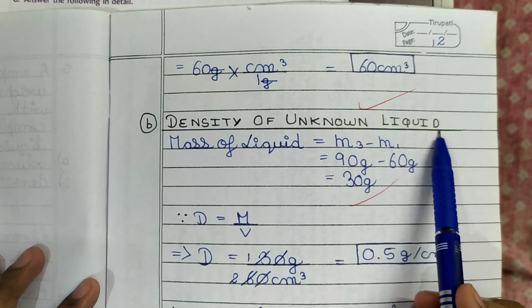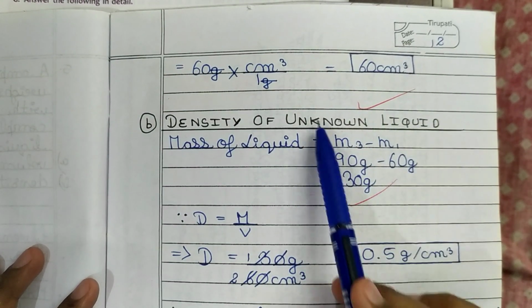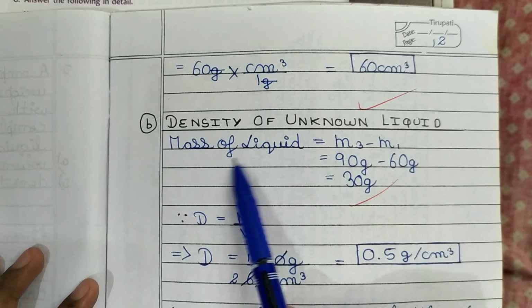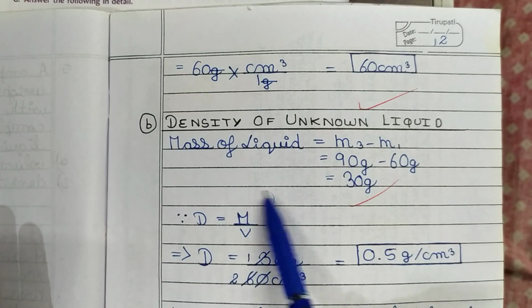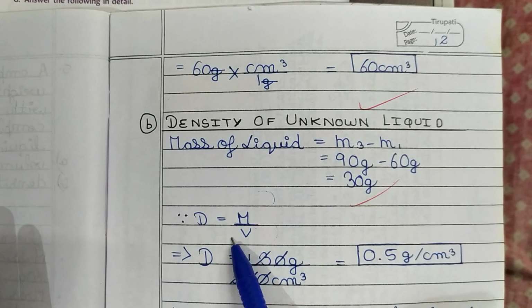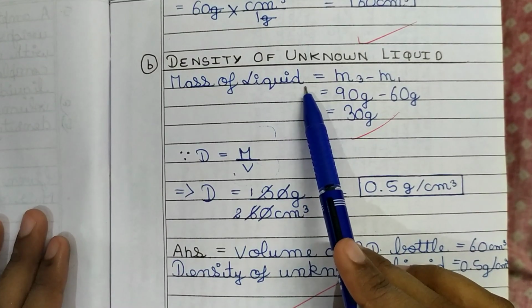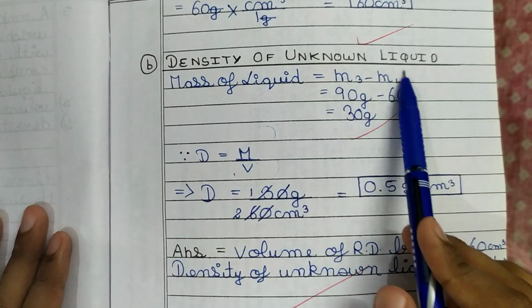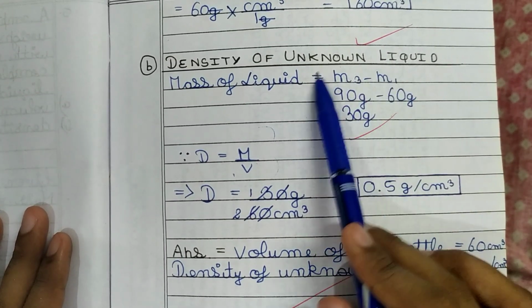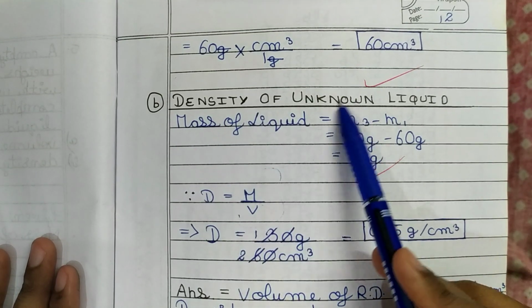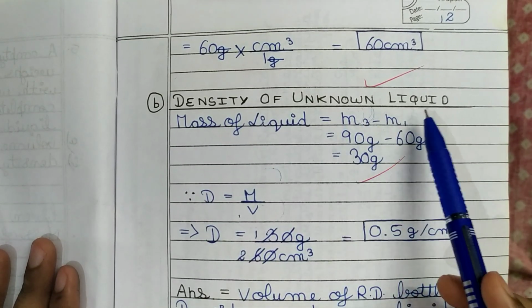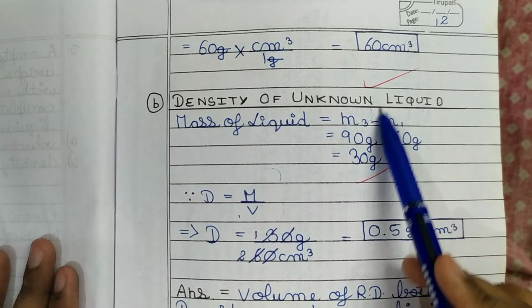And the density of the unknown liquid, how much? To find the density of the unknown liquid, you require two things: the mass of the unknown liquid upon the volume of the unknown liquid. The mass of the unknown liquid was not given, which you can calculate by M3 minus M1. If you have to find the mass of the liquid, it is the combined mass of liquid plus bottle minus the mass of the bottle.